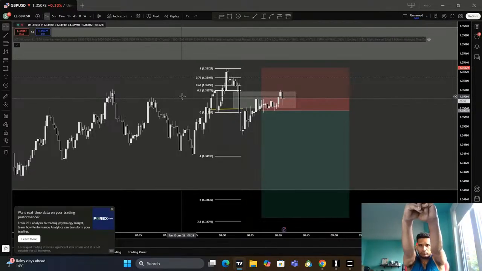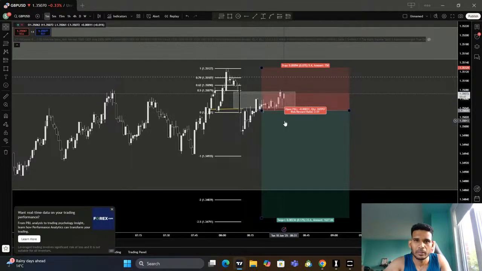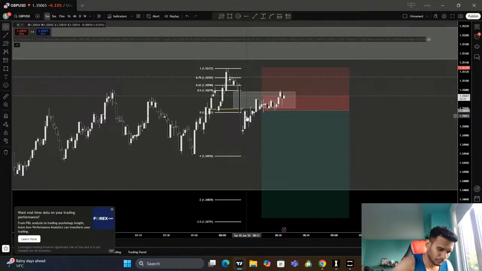If we create a market maker sell model again, like it sweeps the engineered liquidity, any kind of break below with a beautiful fair value gap, I can look for something solid and untraceable.